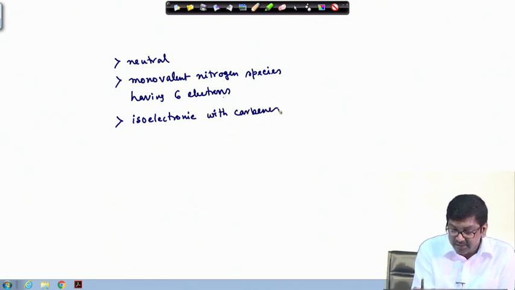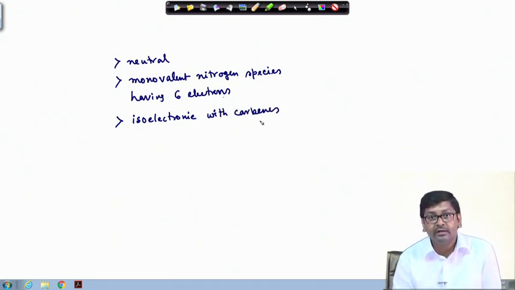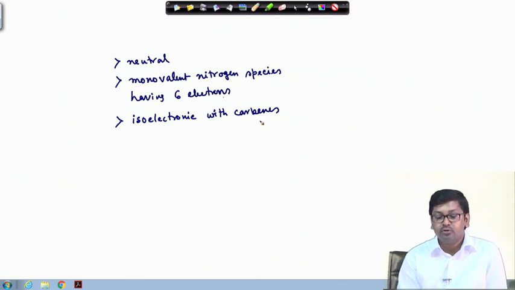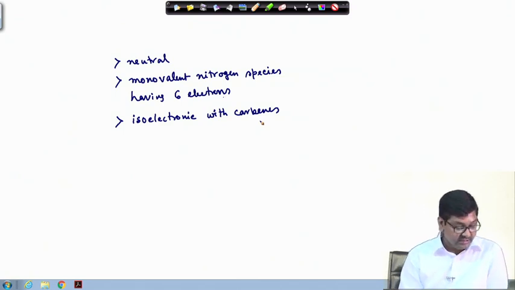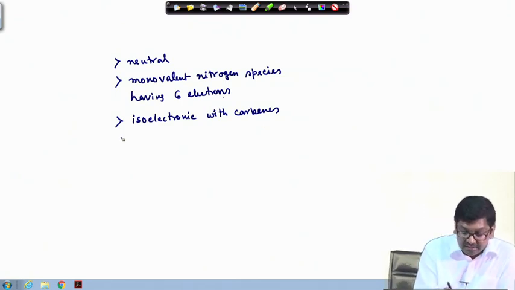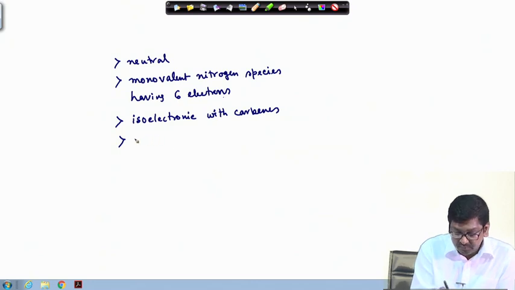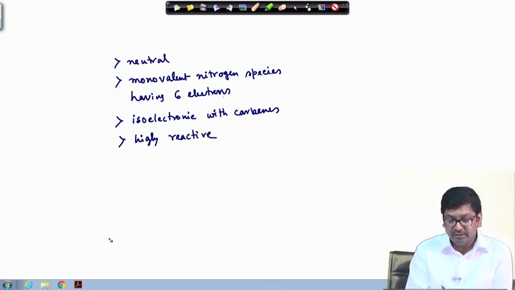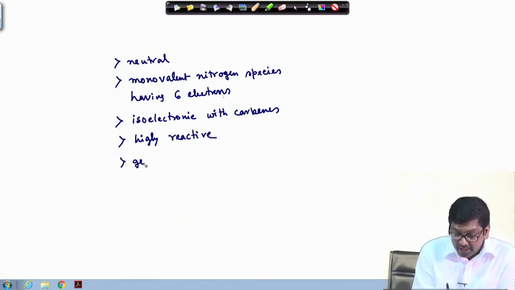In the case of carbenes also we found they are highly electron deficient species, having only 6 electrons. Similarly, nitrenes are also isoelectronic with carbenes, having these 6 electrons, and obviously they are highly reactive species, generally short lived.